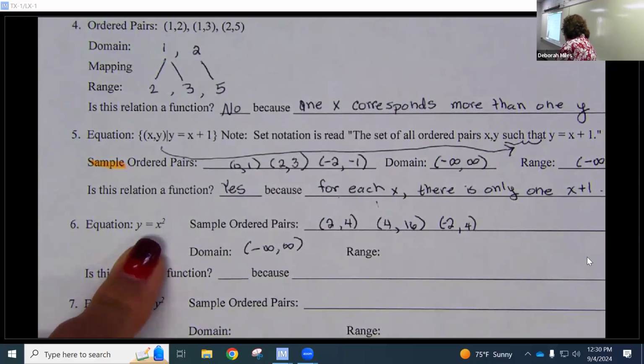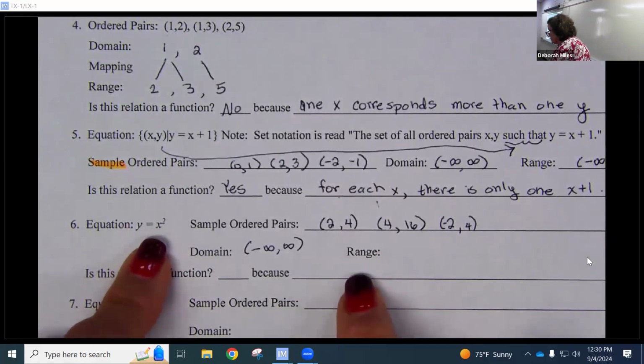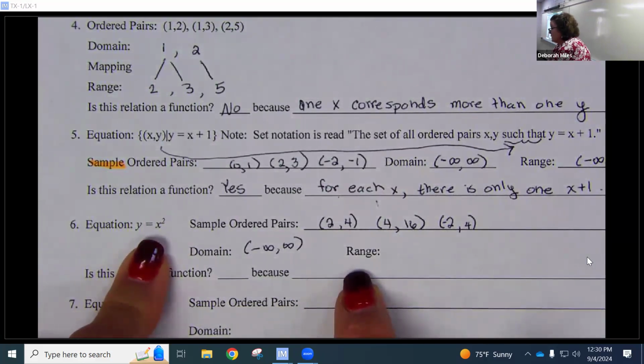What kind of y values can you get from squaring x's? Only positive numbers? Can I get a negative number from squaring an x?